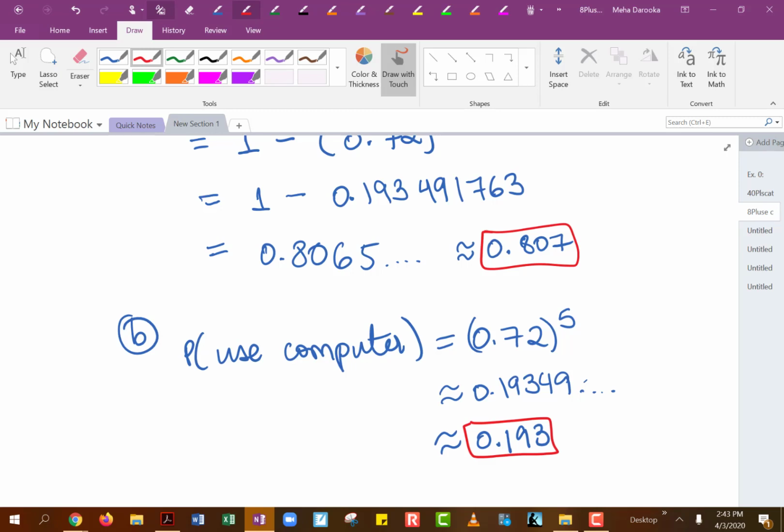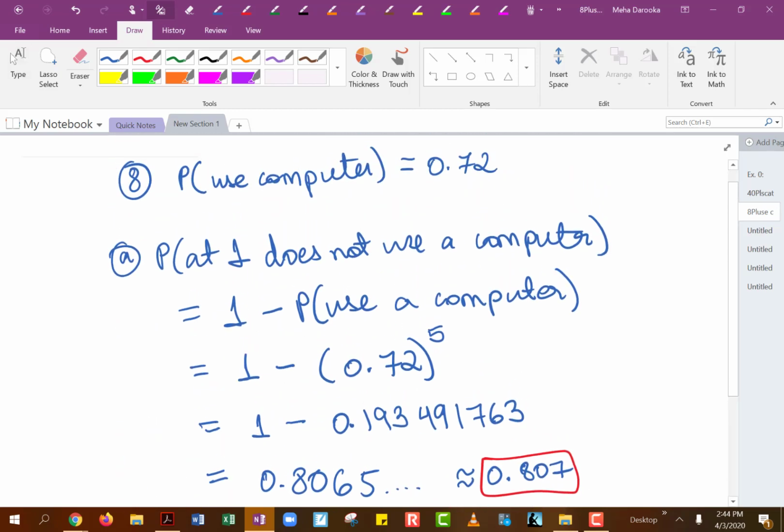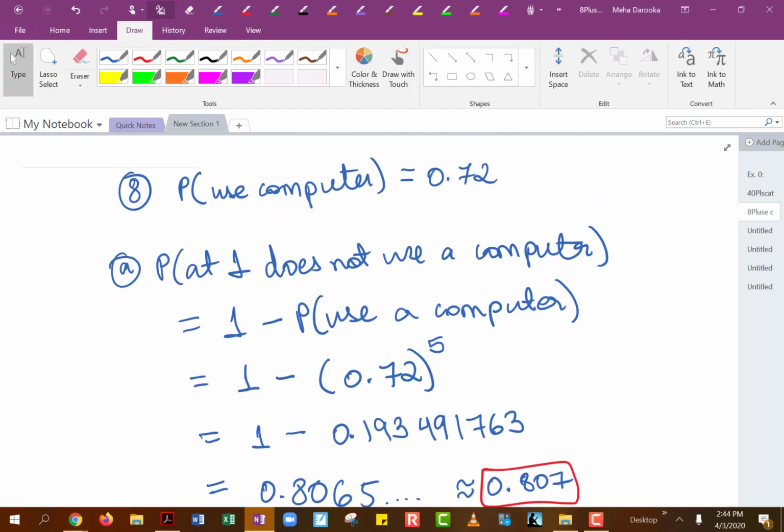Okay, so that would be approximately 0.193, or as I said, a 19% probability that all 5 of them will be using a computer. So this was just an example of that. At least one, I should actually include.